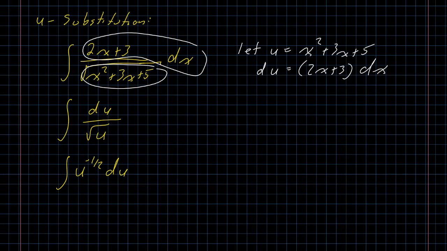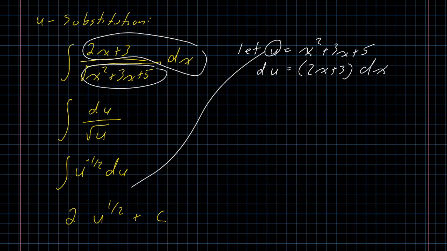And we're going to end up with, well, negative 1/2 plus 1 is positive 1/2. 1 divided by positive 1/2 is 2 times u to the 1/2 power plus our arbitrary constant.